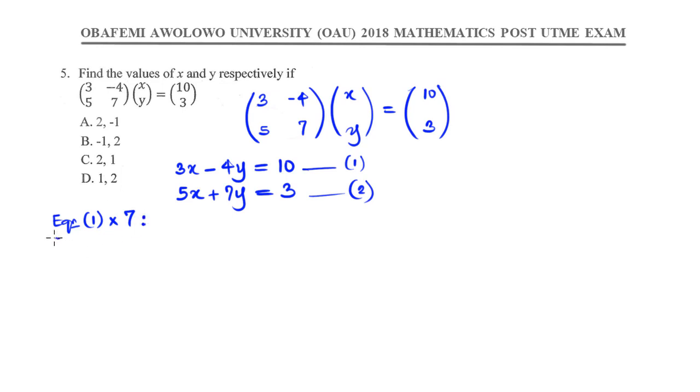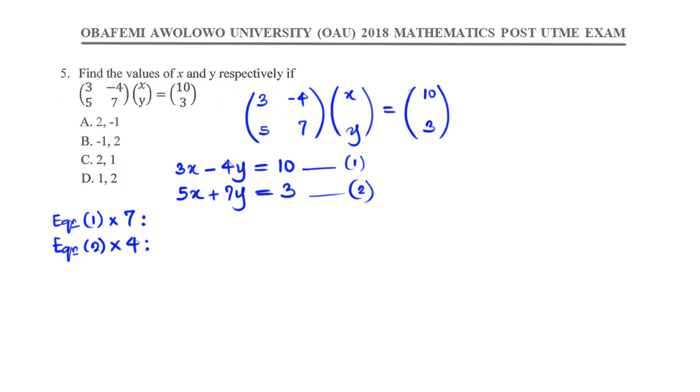Equation 2, I can multiply by the coefficient of y in the first equation, that is 4. I'm doing this because you can see I have minus 4y and plus 7y. If the coefficient of y is the same, I can add the two equations and knock out y, then I will be able to solve for x.